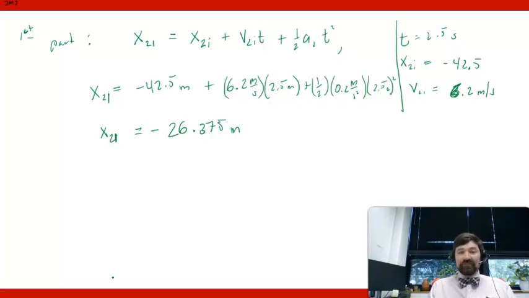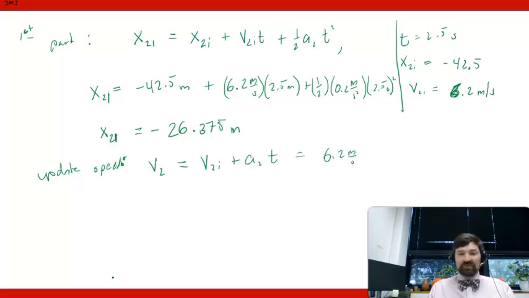Alright, and so that's how far Racer 2 still has to run after those first 2.5 seconds. You also need to update the speed. The new speed, v2, is equal to v2 initial plus a2 times time. So that is 6.2 meters per second plus 0.2 meters per second squared times 2.5 seconds.